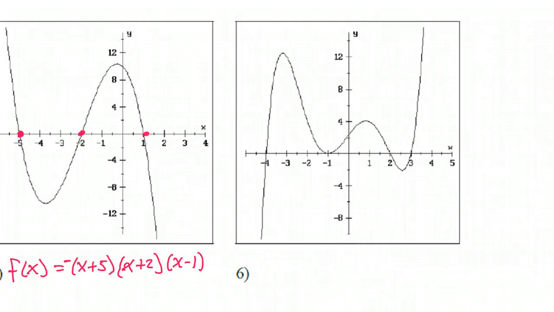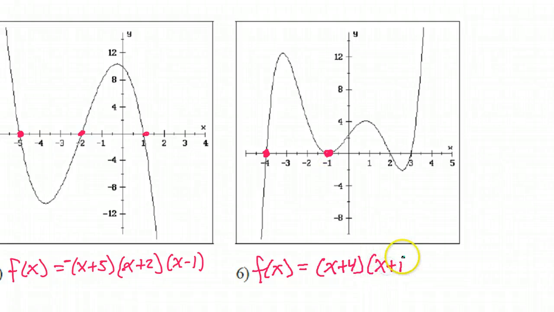Now number 6. Let's see, f of x equals. So the one at negative 4 gives us x plus 4. Straight through, so just leave it a single. This negative 1 gives us a 0 at x plus 1.